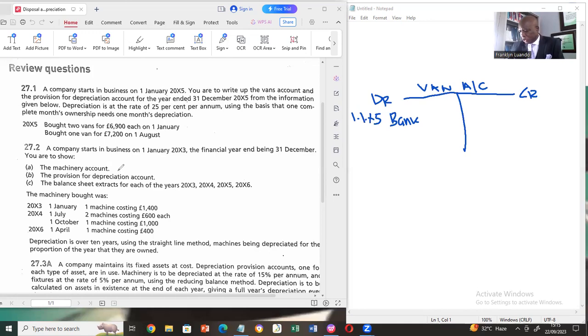So multiply by 2, that will be 13,800. Then another one was bought within the same year on 1 August X5 by bank. The bank there is 7,200.